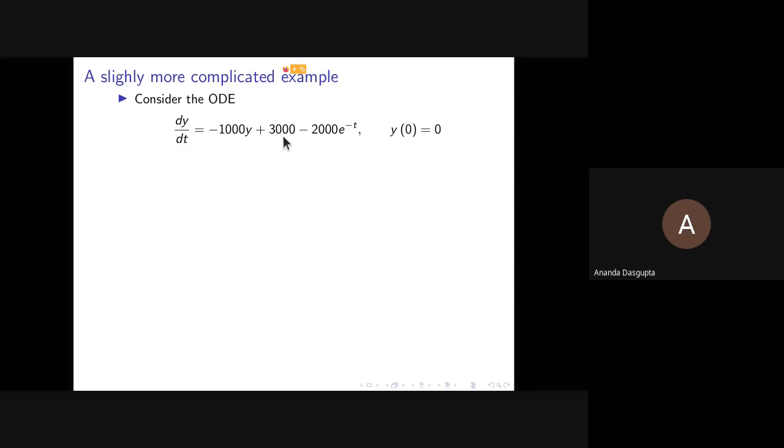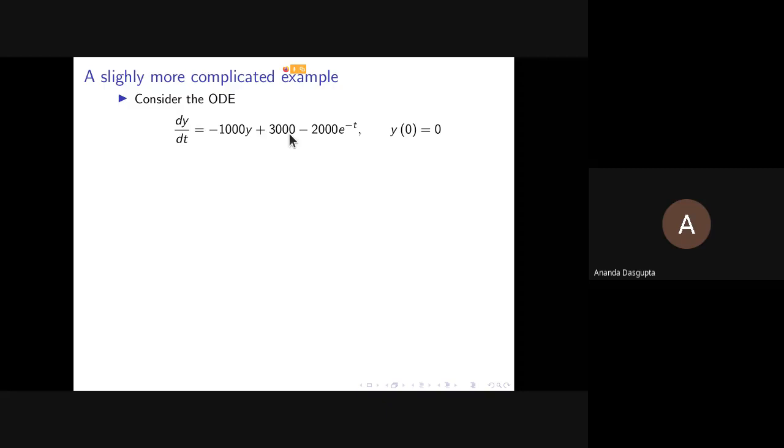So basically, instead of going down to 0, it will go to some steady value. The steady value is easy to see. In the long run, the steady value will be at y equal to 3, right? When t is very large and y equals 3, this side vanishes. So the thing will steady out there.